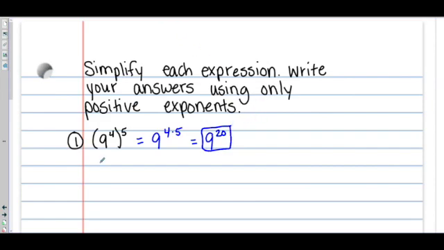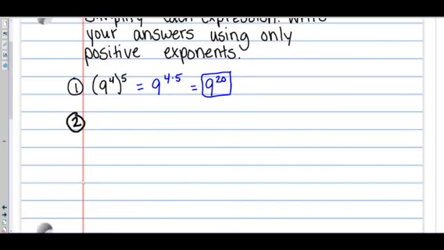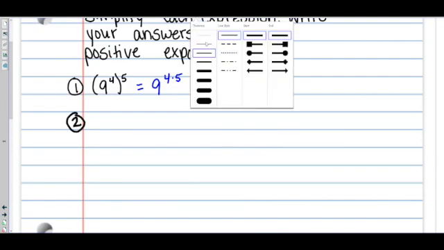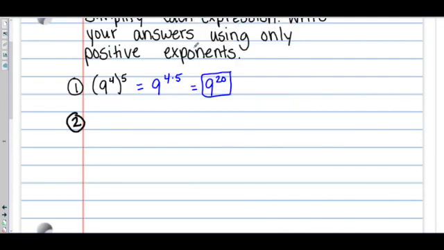Okay, number 2. Number 2 says -2 to the -7th power to the -2nd power. Whoa. Well, remember that the parentheses means that this -7 belongs to everything here, right?